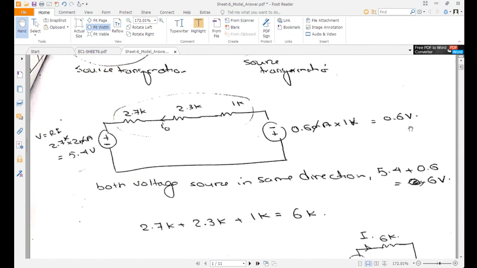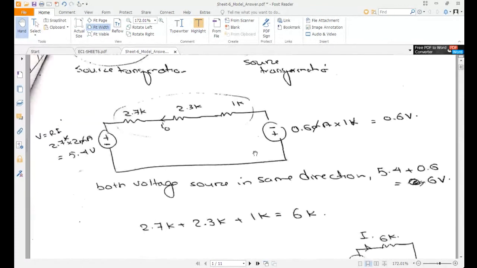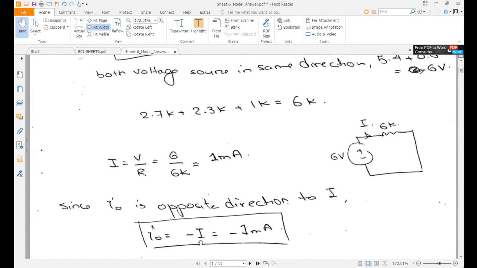So 0.6 volt plus 5.4 volt will be 6 volt. In the same way, all these resistances are in series and can be added, you will get 6 kilo. Now find the current, but the direction of I naught is opposite, so it will be minus I. What is I? V by R. That is 1 milliamp. So I naught will be minus 1 milliamp.